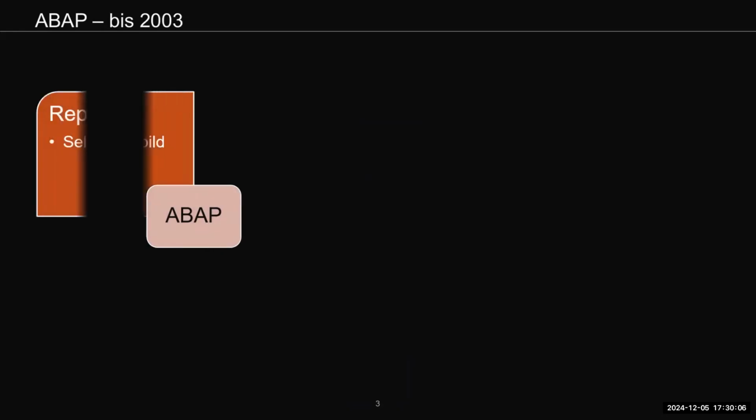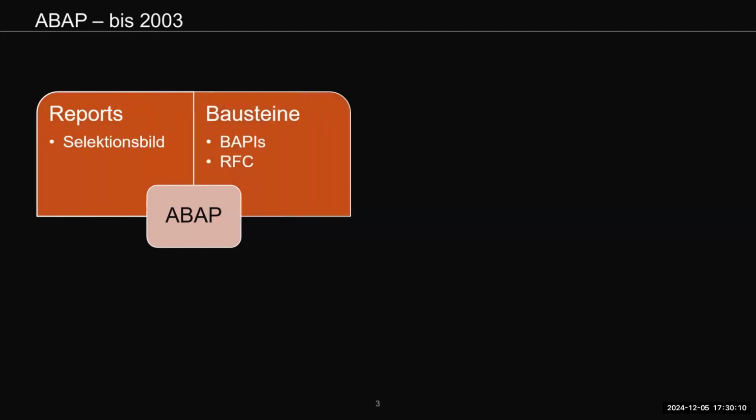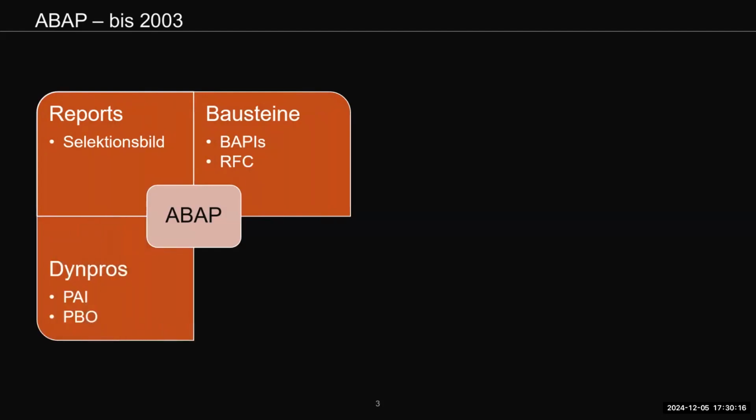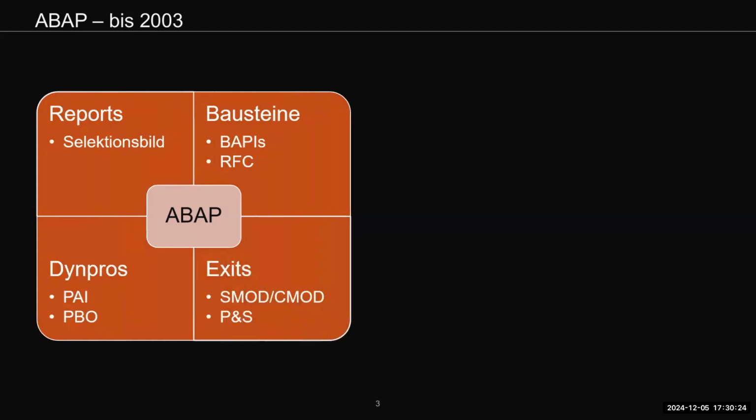And in the old days, let's go back in time, there was the easy stuff, the easy ABAP with the straightforward report programming, and sometimes APIs based on function modules, and the classical Dynpros with the PAI and PBO logic, and the classical exit programming like SMOD, CMOD, and so on.